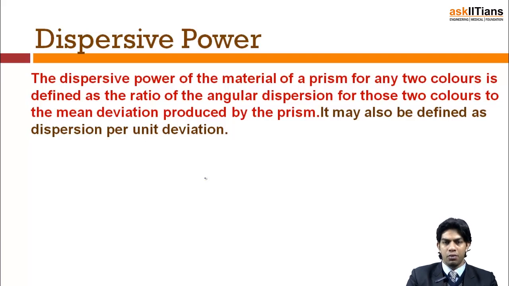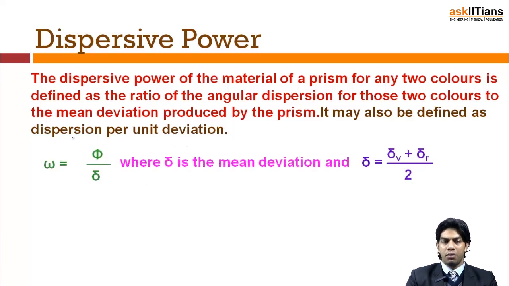The ratio of these two will give me the dispersion per unit deviation, or dispersive power. So omega is defined as phi by del, where del is the mean deviation and phi is my angular dispersion of those two colors.